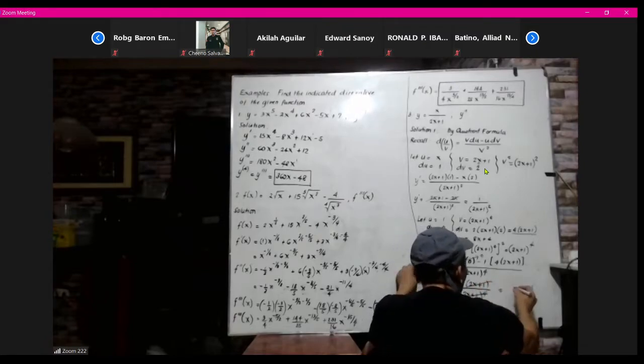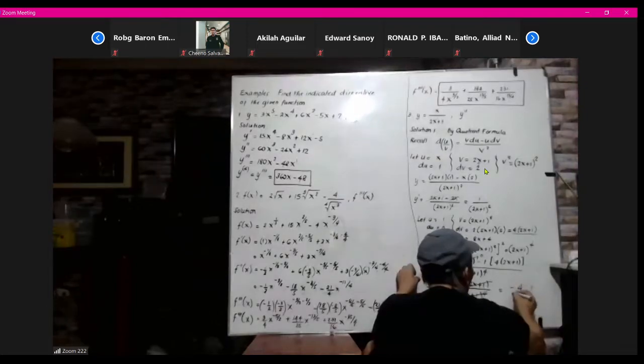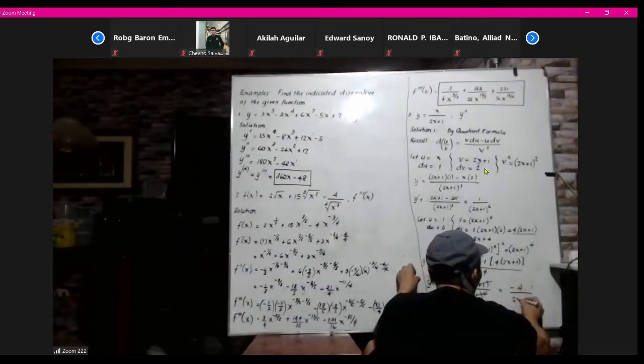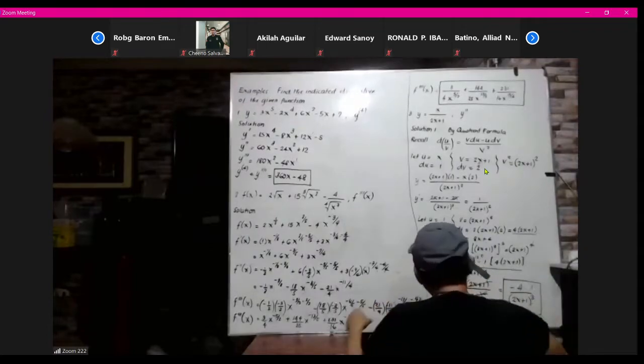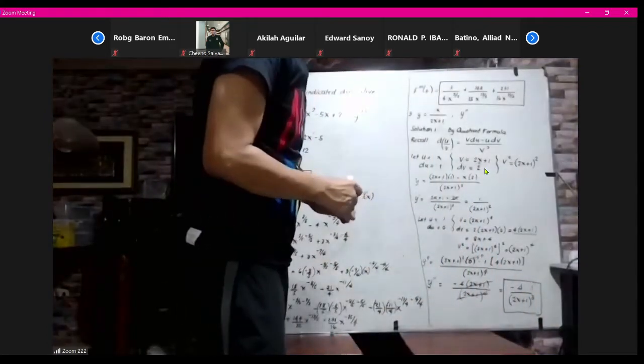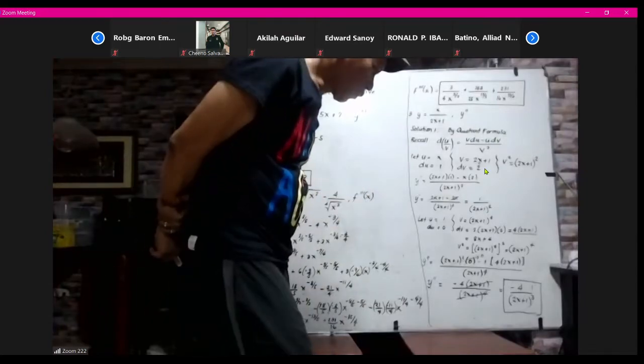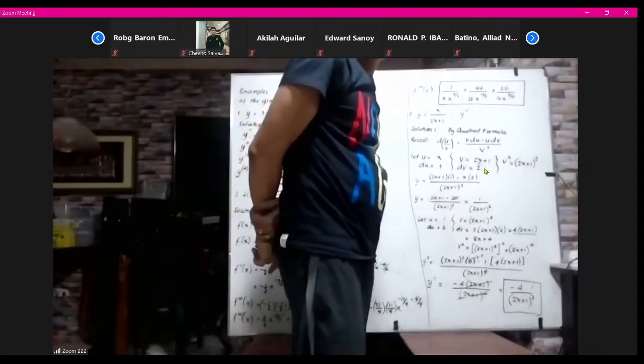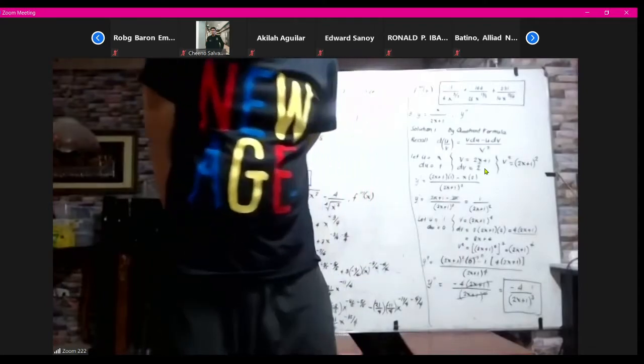So ang lalabas ay negative 4 all over 2x plus 1 cube. Okay. So yun yung sagot niya. The second derivative of y is equal to negative 4 all over 2x plus 1 enclosed quantity cube.